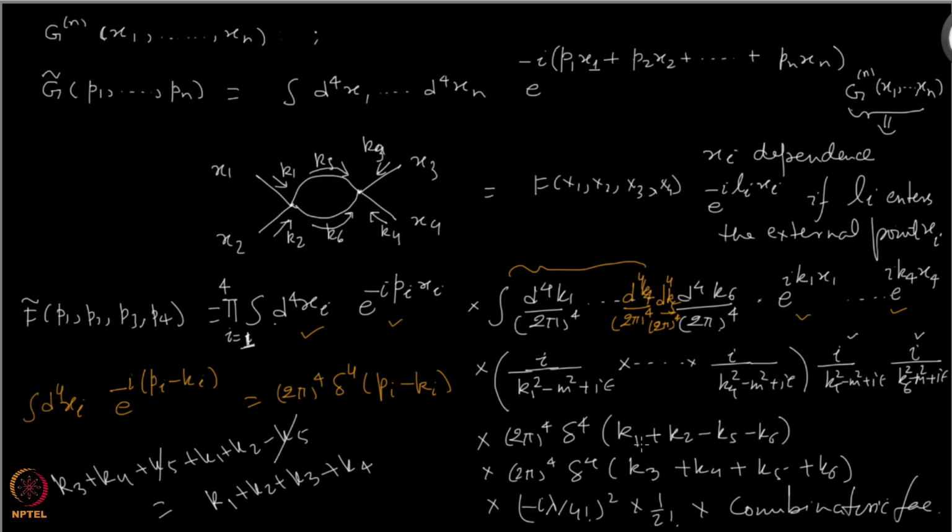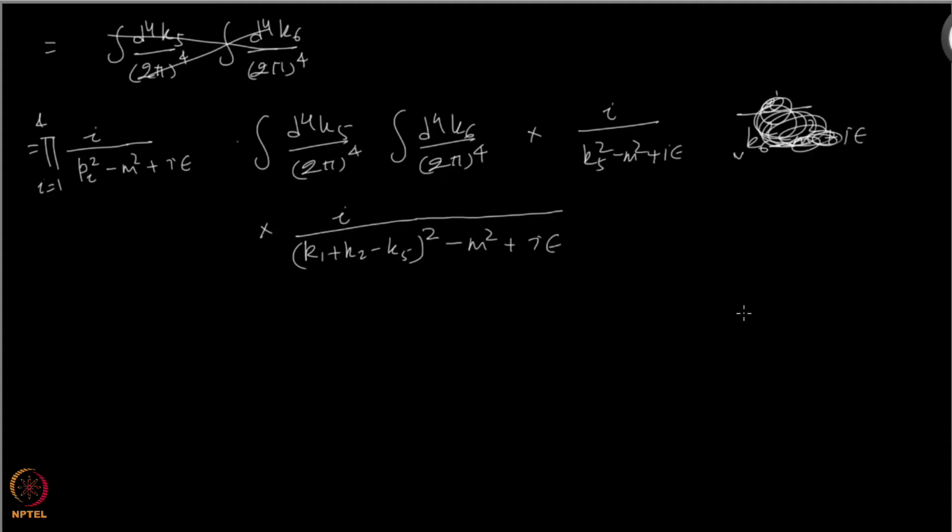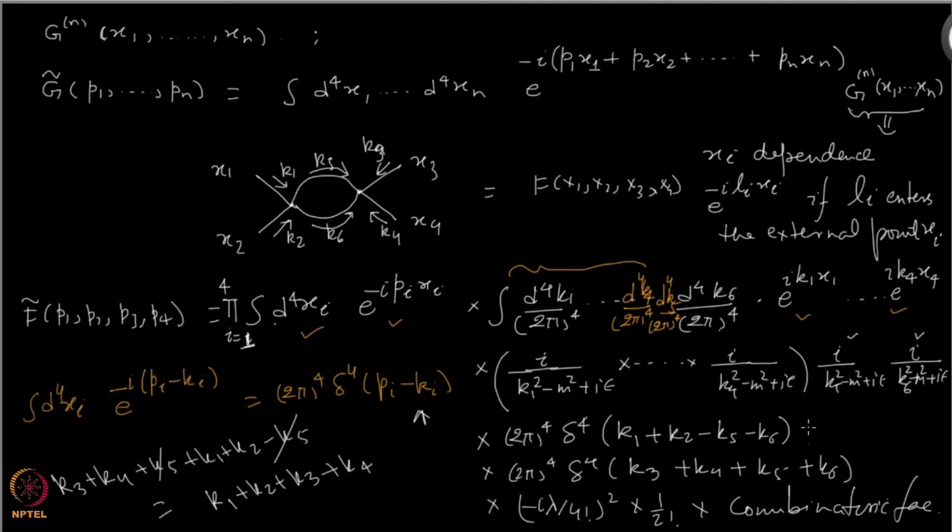So this k1 will become p1 and k2 will become p2, because that's what we are doing here. So instead of this, actually I will get p1 plus p2 plus p3 plus p4. The way it is written is fine, everything is fine. So I get (2π)^4 delta^4 of p1 plus p2 plus p3 plus p4. So this is also taken care of, and then you have these last factors.